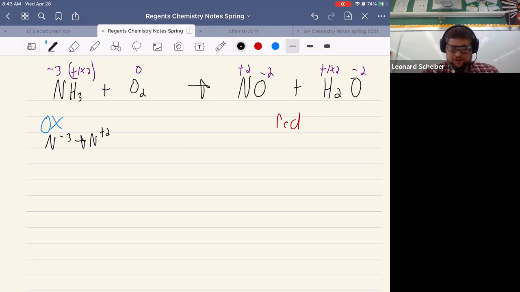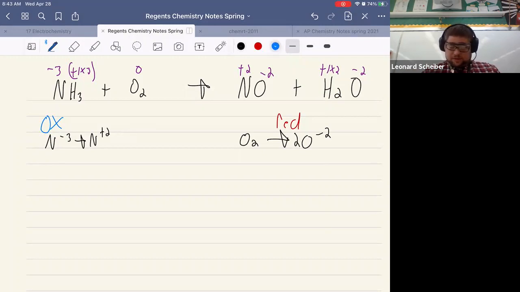And then reduction, we have O. Now, I'm going to do something funny. I'm going to write O2. The reason I'm writing O2 is because even though it's one O neutral, we know O can never be by itself. So I'm going to put O2 there, and then I'm going to have O minus 2. However, because there are 2 O's in this half reaction on the left, I'm going to balance out by mass on the right.